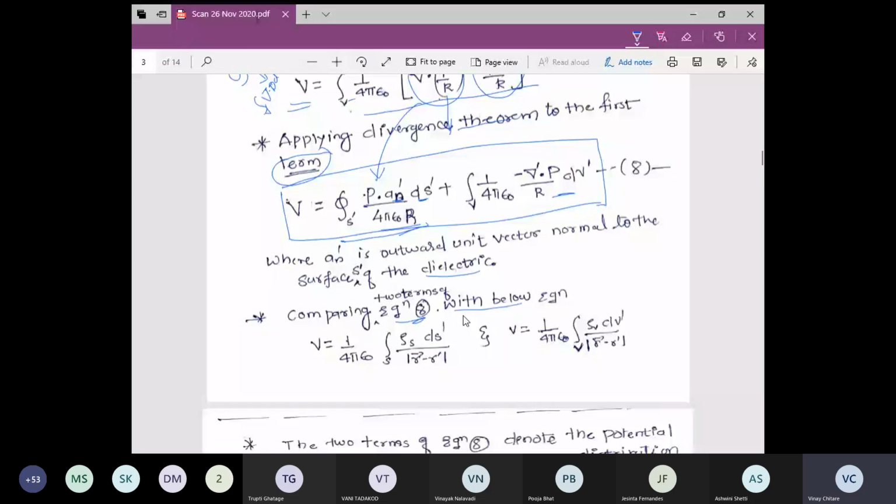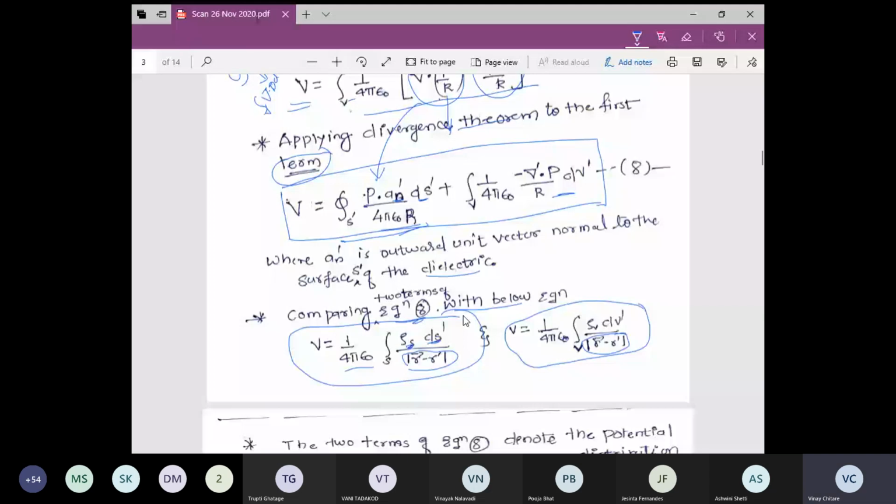We know the potential field due to surface charge and due to volume charge densities, which we have discussed. It is given by V equal to 1 by 4 pi epsilon integral of rho_s ds divided by r, because potential falls as 1 by r, and similarly 1 by 4 pi epsilon integral of rho_v dv by r.